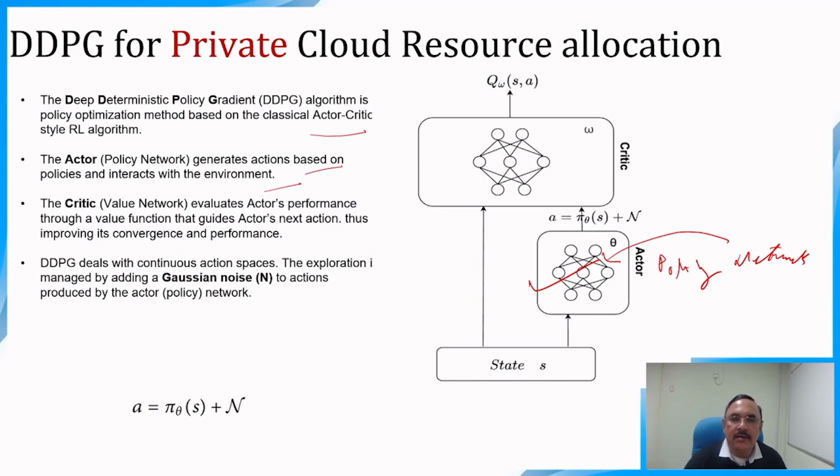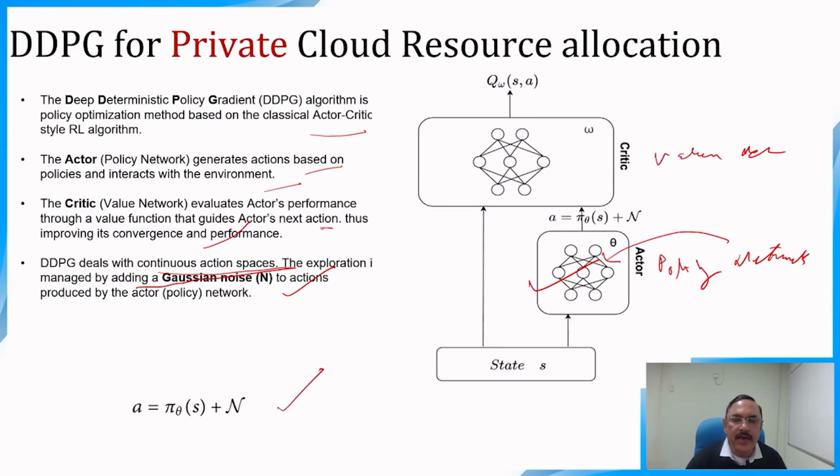The critic, this is called the value network, evaluates the actor's performance through the value function that guides the actor's next action, thus improving its convergence and performance. DDPG deals with continuous action spaces.